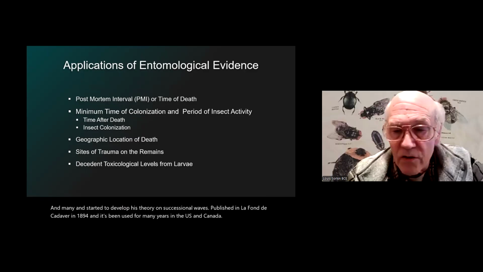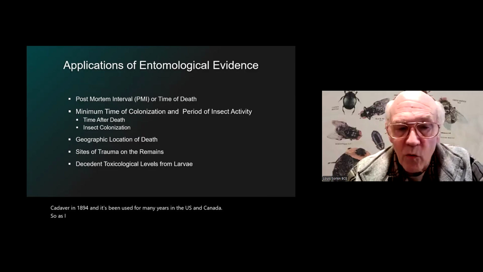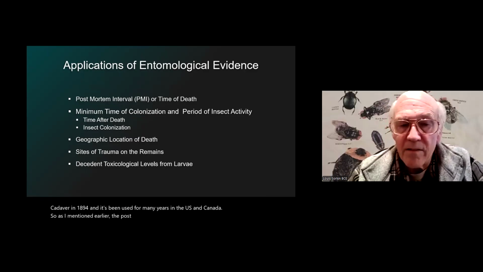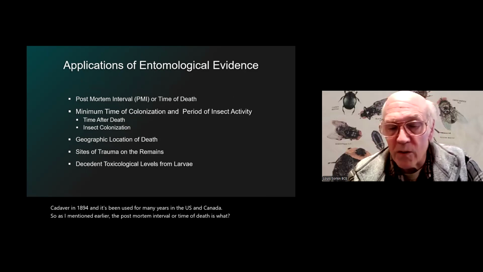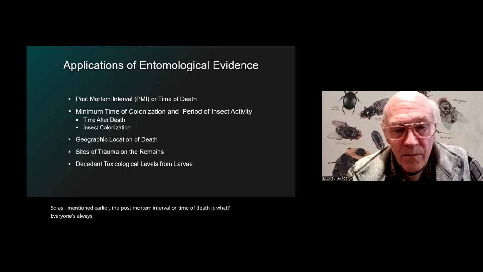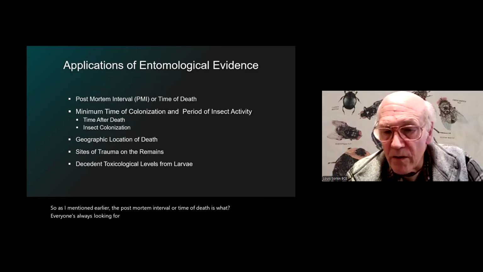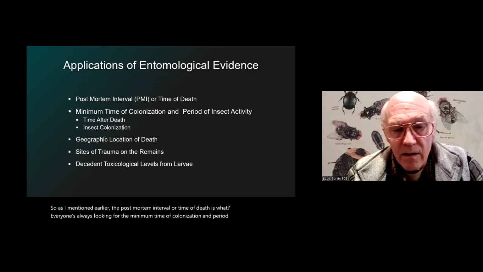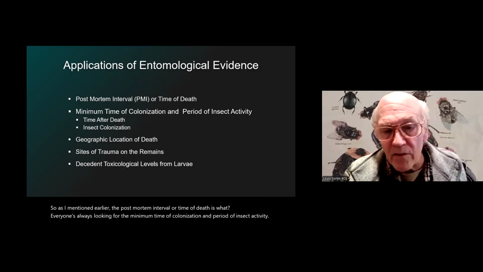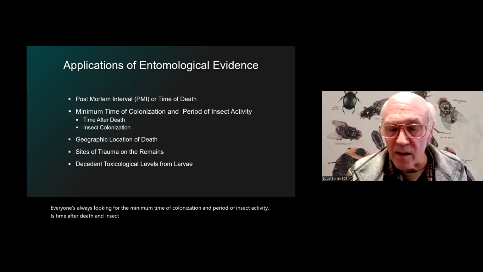So, as I mentioned earlier, the postmortem interval or time of death is what everyone's always looking for. The minimum time of colonization and period of insect activity is the time after death and insect colonization, and they won't occur all at the same time.